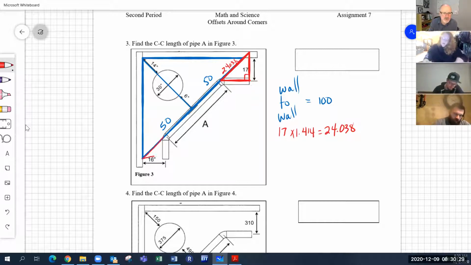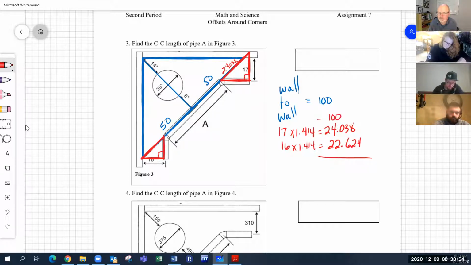And now I have this one down here. So this is my next right angle triangle. And that's 16 times 1.414. And that's 22.624. And I minus that off of 100.